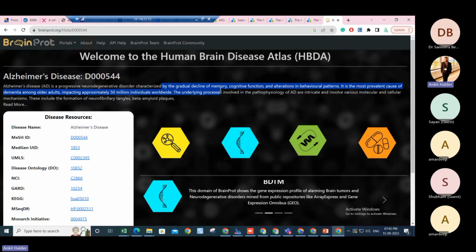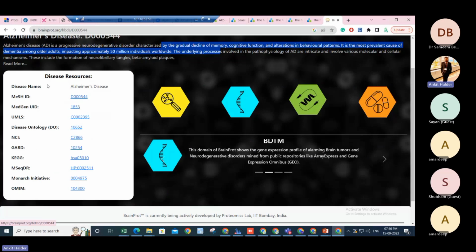If you want to explore this or any of the around 50 diseases present in BrainProt as of now, you can search your disease and all the interlinked IDs.